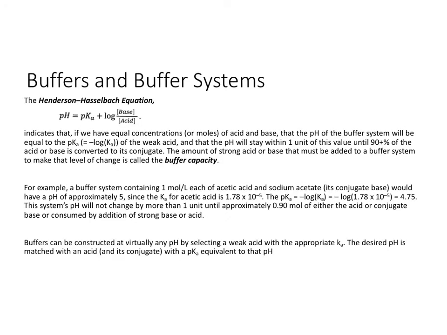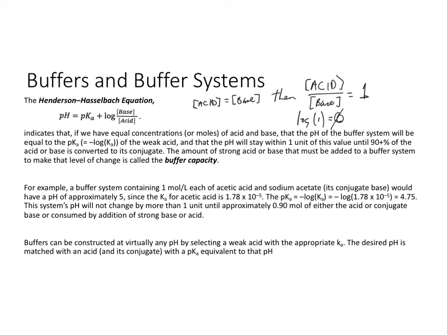It indicates that if acid concentration equals base concentration, then acid over base is equal to 1, the logarithm of 1 is 0, and therefore the pH is equal to the pKa of the weak acid.